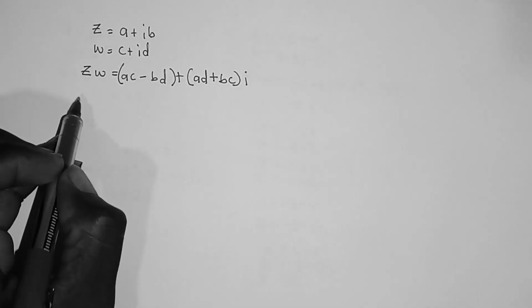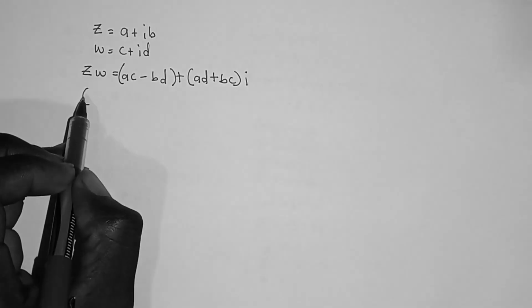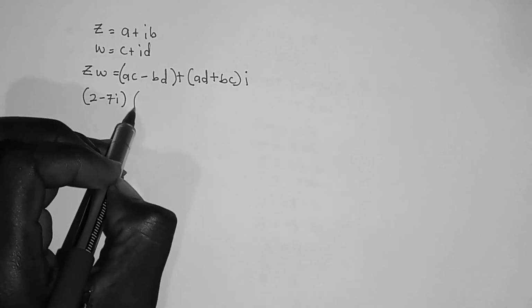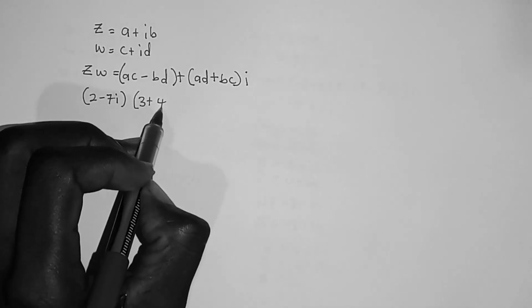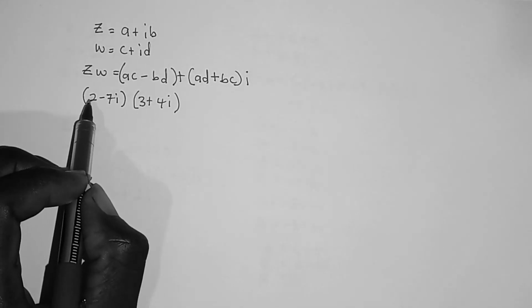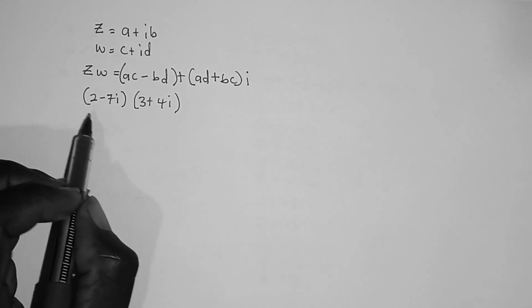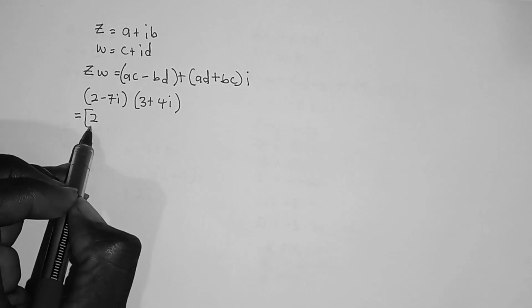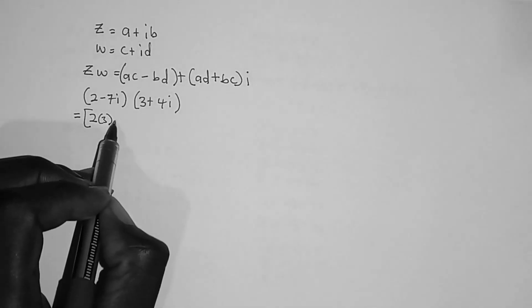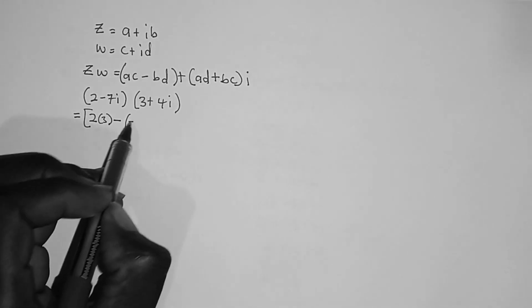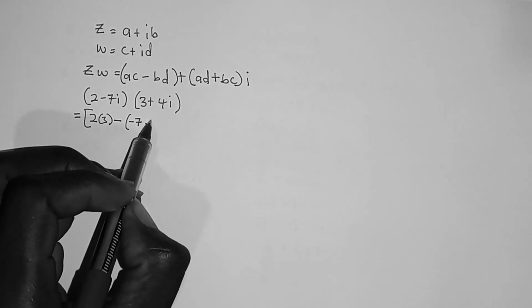So for example, let's multiply this complex number, 2 minus 7i, times 3 plus 4i. So let's multiply these two complex numbers. What we said is that you multiply 2 and 3, so this is equal to 2 times 3. Then you subtract the product of 7 and 4, in this case minus 7 times 4.